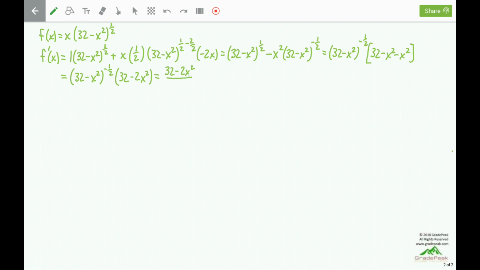The 32 minus 2x squared will stay in the numerator. The 32 minus x squared will move to the denominator to become a positive 1/2 power. We can rewrite the positive 1/2 power as the square root.